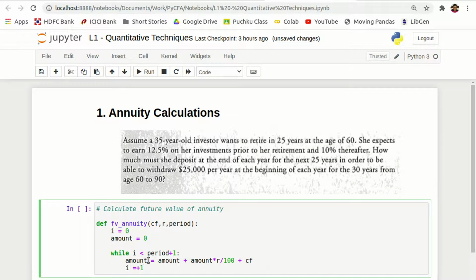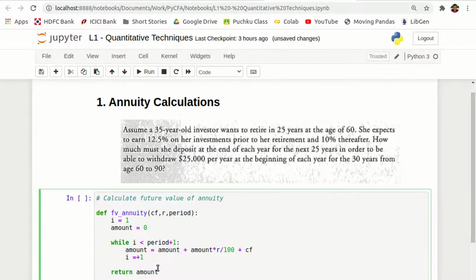My first cash flow is at the end of each year, so it's going to be at the end of year 1. So let's start with I equal to 1, and therefore it will go from 1 to 25, and hence when I becomes greater than 25, which is 26, we should exit the loop, which is why the period plus 1. And when you exit the loop, just return amount, right? Okay, so far so good.